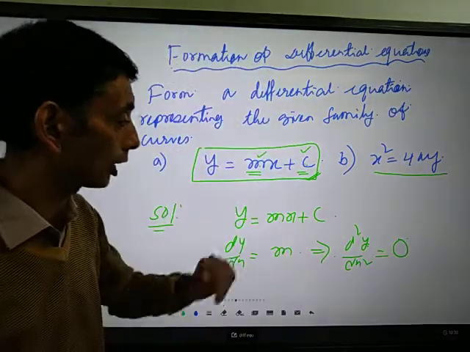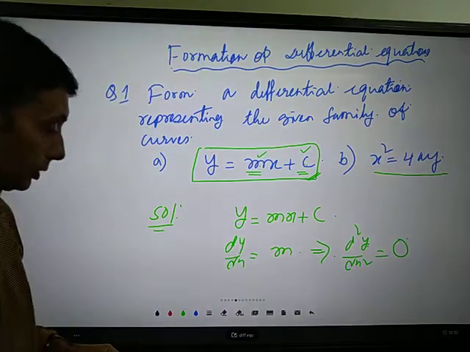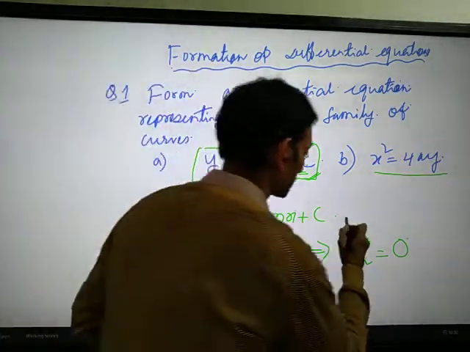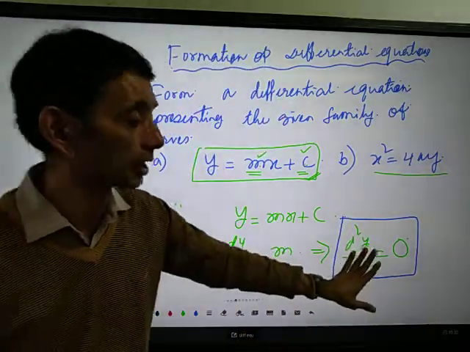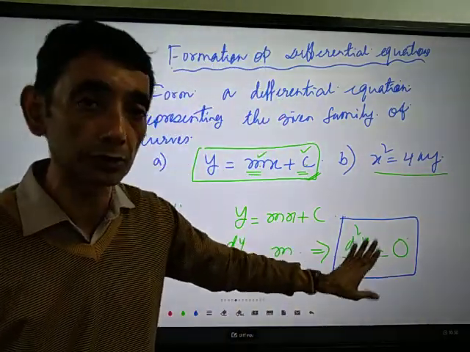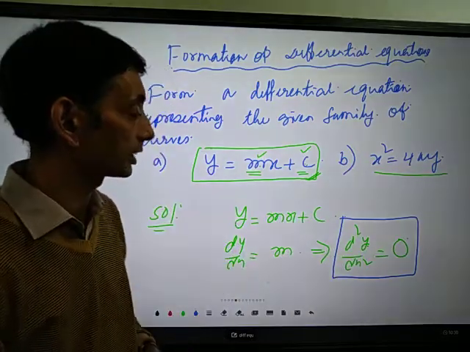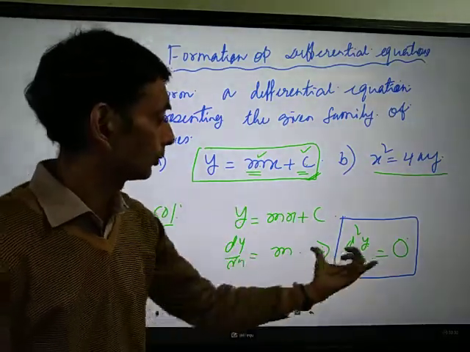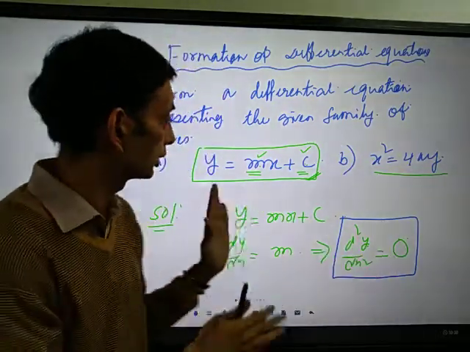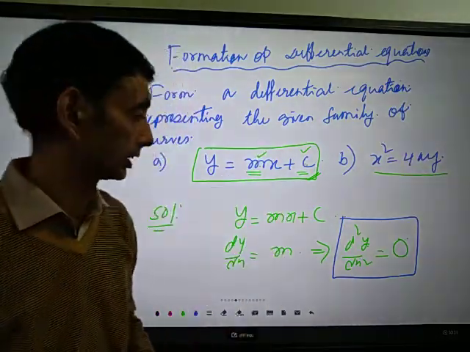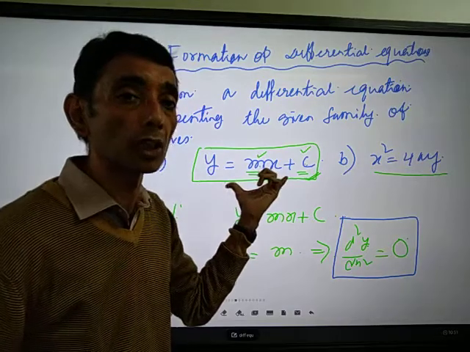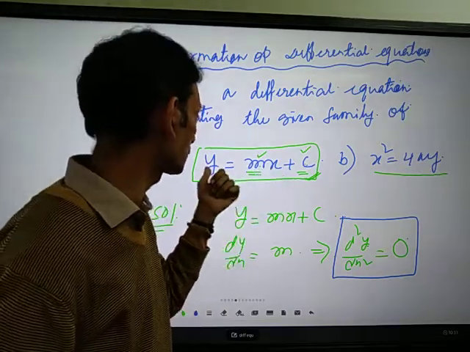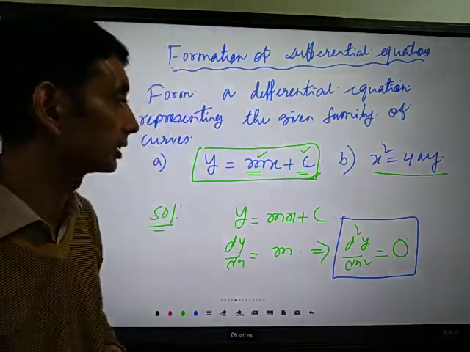So the order of the differential equation is 2, and this is the required differential equation. With the help of differentiation, it is a very simple question. We have removed both the arbitrary constants. So this differential equation will represent the family of straight lines, that is y equal to mx plus c.